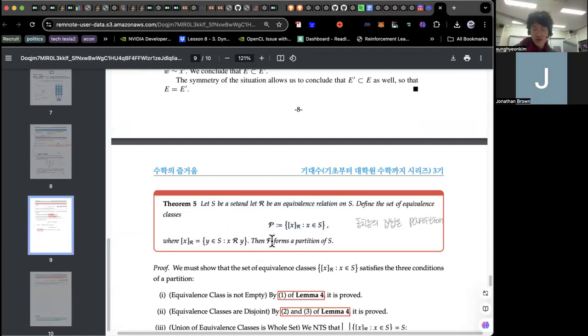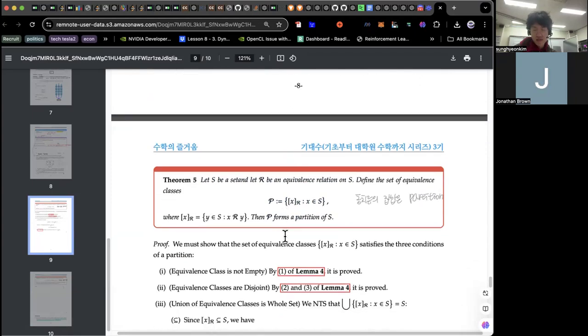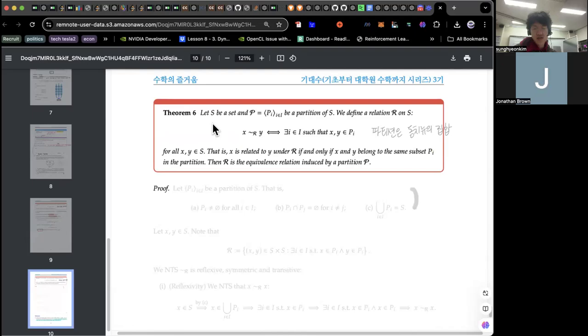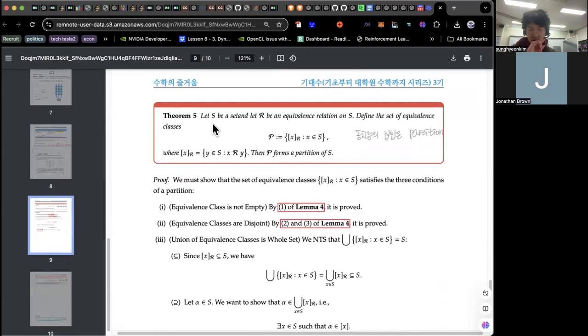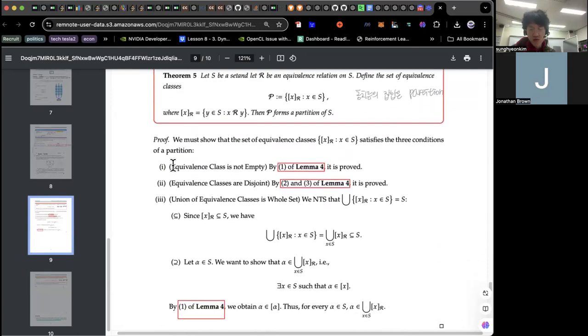Then it performs a partition of S. It's like the set of equivalence classes is a partition. Let's work on theorem five first, because typically the way these papers work is you prove theorem five to prove theorem six. There are some exceptions, but that's typically how it goes. Okay, then I will read the proof.